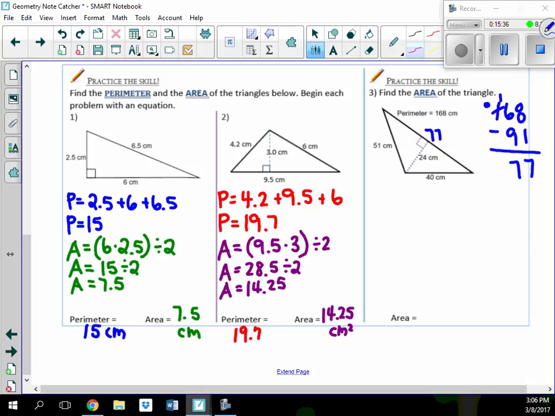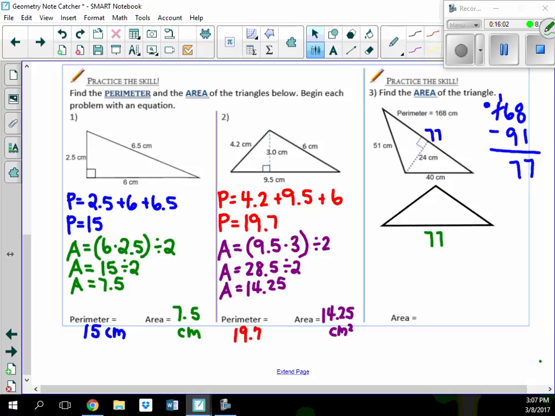All right, now we're going to do exactly what Louie was talking about earlier. We're going to take this shape and we're going to think about rotating it. And looking at this, we know that this length along the bottom is 77.